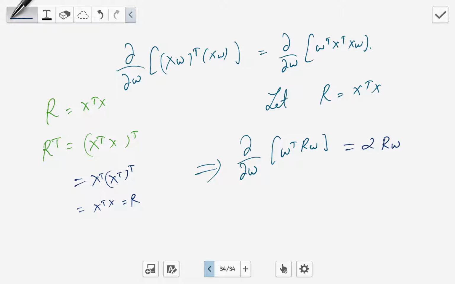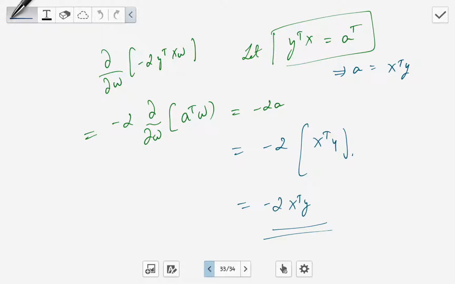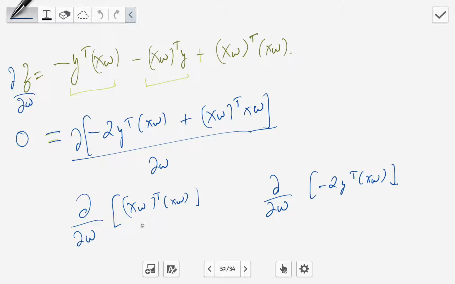So let us just substitute these two here. This is Rw, where R was x transpose x, times w, and this was minus 2 x transpose y.